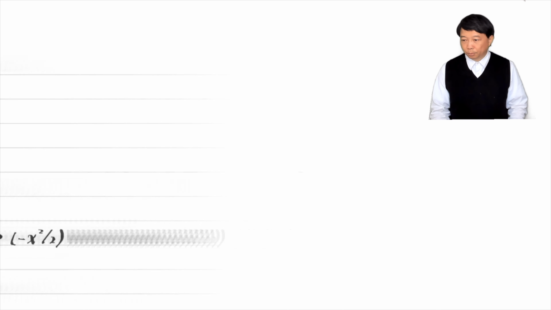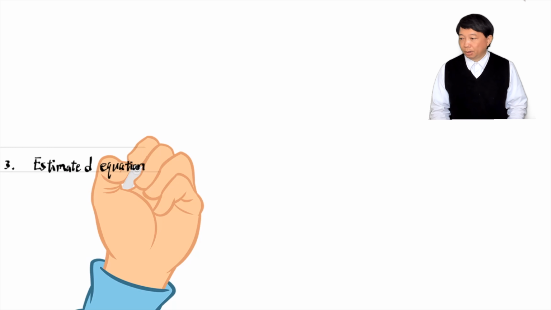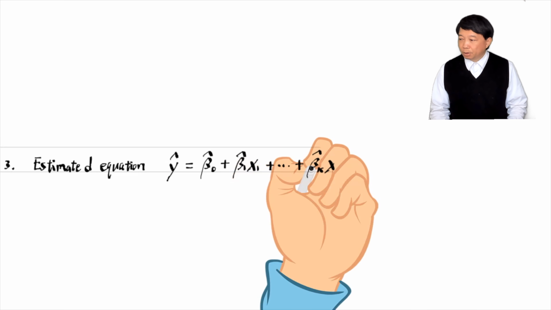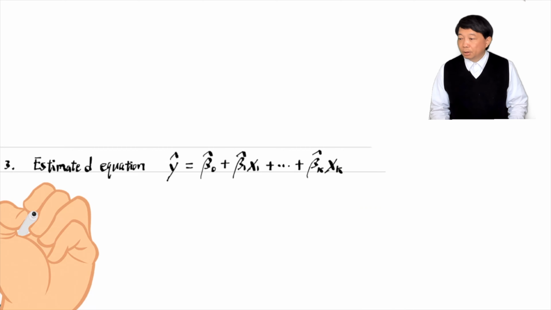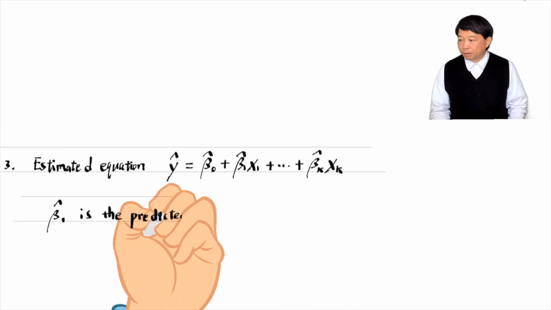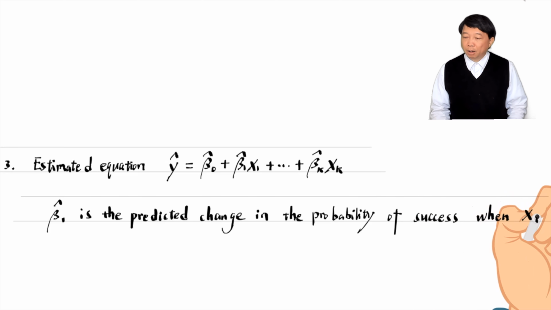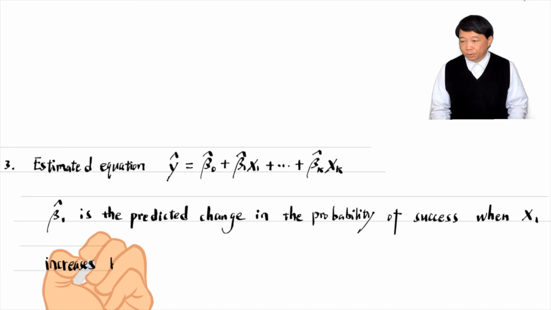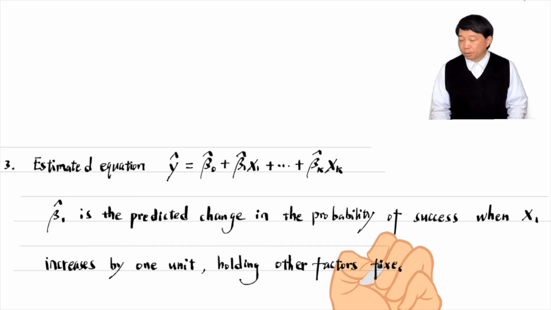After regression, we obtain the estimated equation for the linear probability model. In the estimated equation, y hat is the predicted probability of success, or the fitted probability of success. The slope estimator, beta hat, is the predicted change in the probability of success when x increases by 1 unit, holding other variables in the model constant.